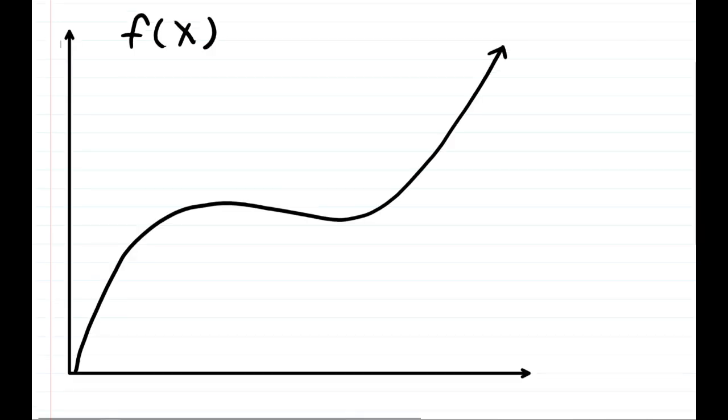Let's start off by explaining what this theorem states. Let's say we have a function f of x, and we're given two points a and b. This theorem only applies if the function f of x is continuous on the closed interval from a to b, and if it's also differentiable on the open interval from a to b.